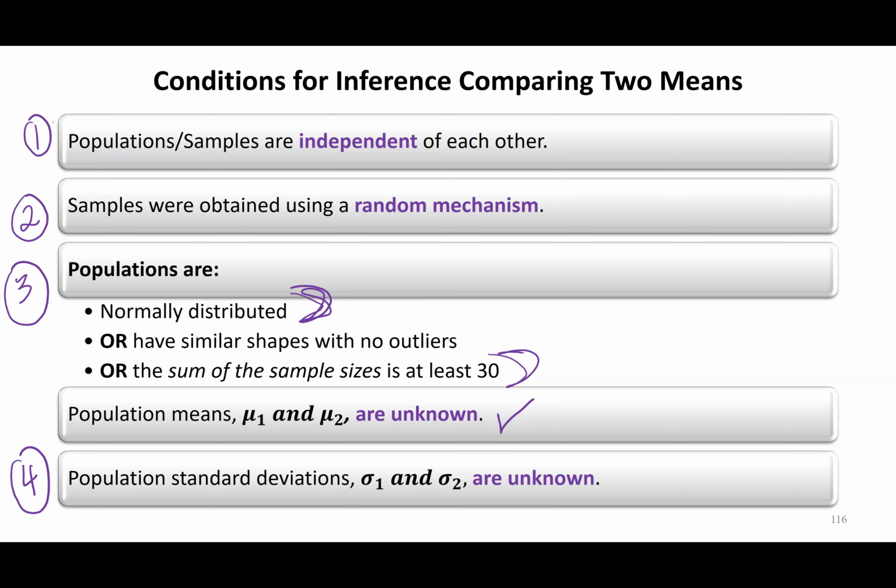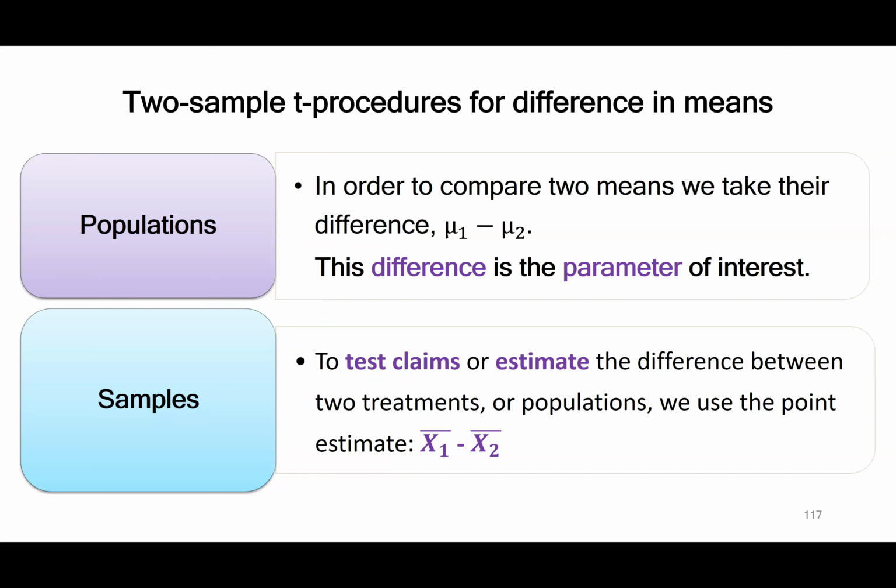Conditions for comparing 2 means. So 2 sample T procedures for a difference in means. So you want to compare 2 population means, we take their difference. So it's a difference in means. Mu1 minus mu2, and it's okay to use other labels besides 1 and 2. Just make sure that it's clear what each subscript means.